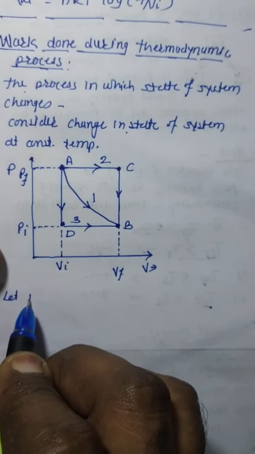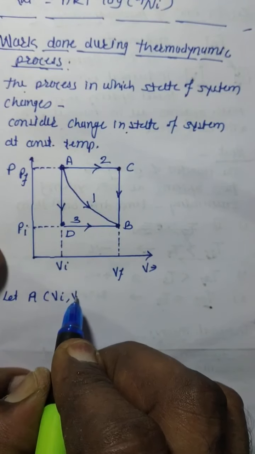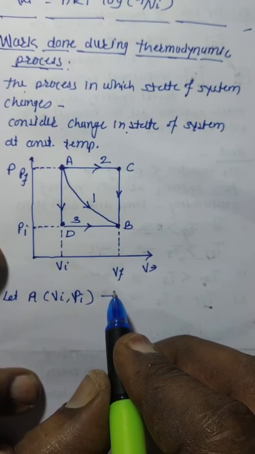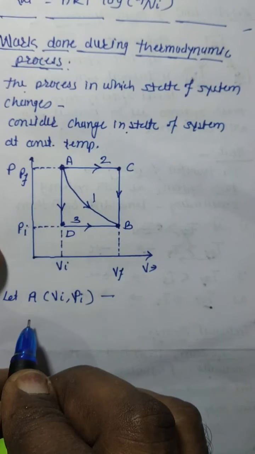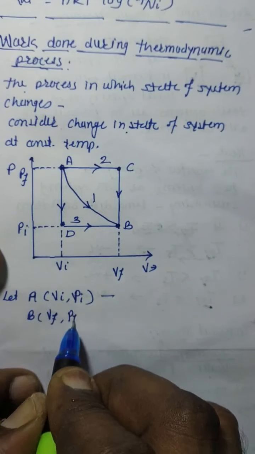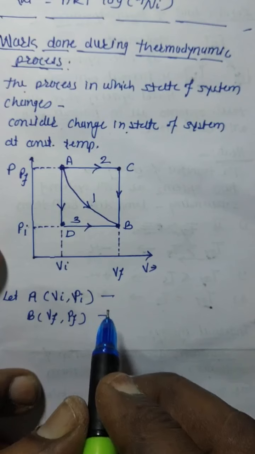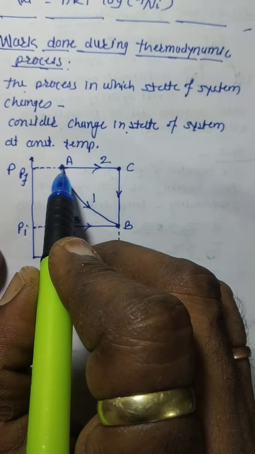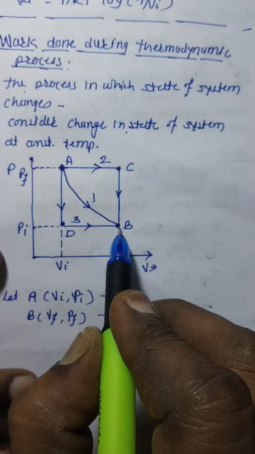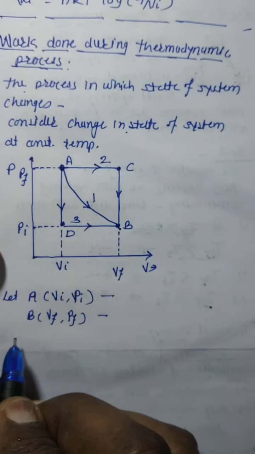Let A, that is Pi Vi, be the initial state of thermodynamic system, and B, Pf Vf, the final state of thermodynamic system.